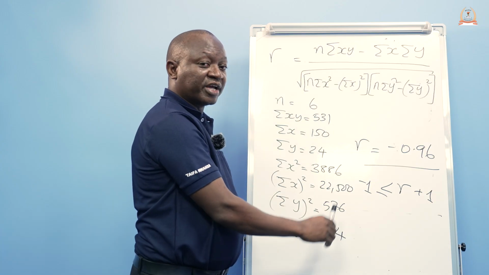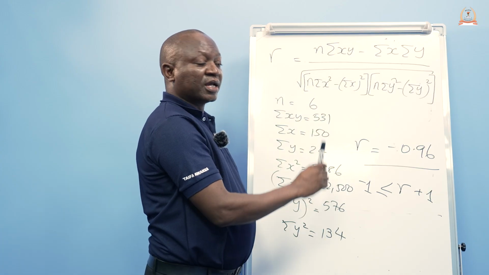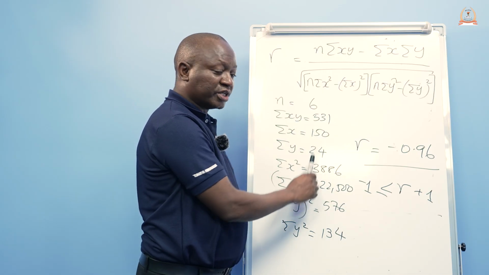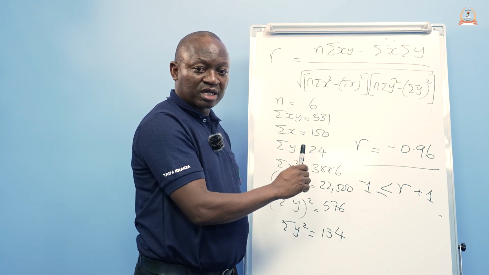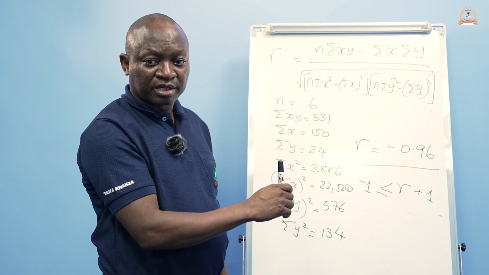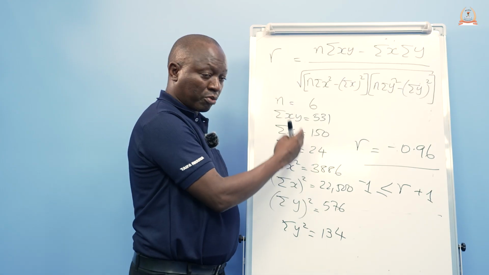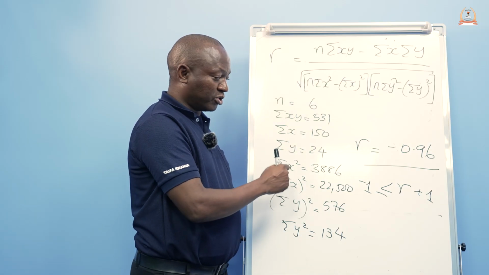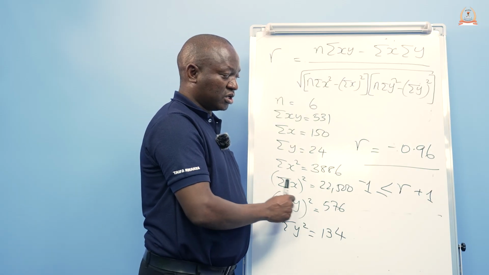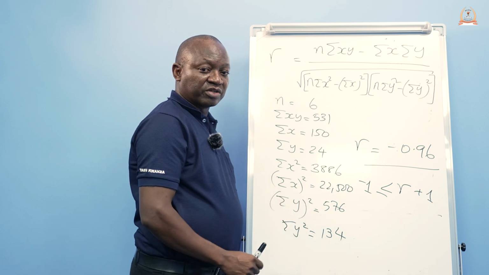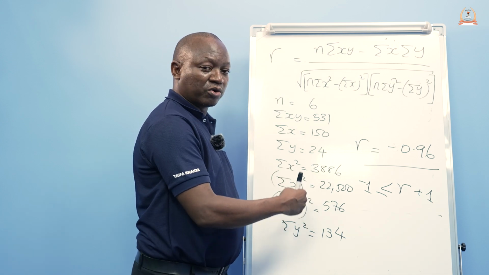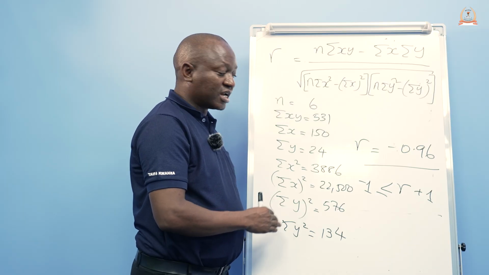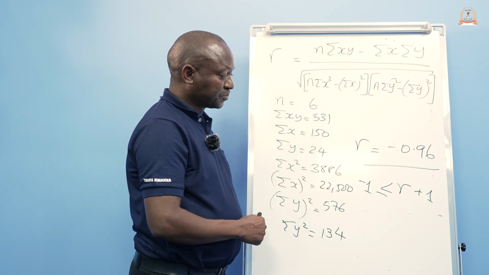So we have a strong negative relationship between the two values which we studied, which are the price of commodity X and the quantity of commodity X sold. So the relationship is negative, which means when one of them increases, the other one goes in the negative direction and vice versa.